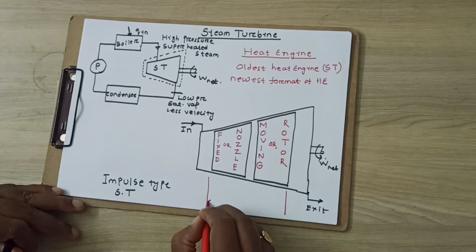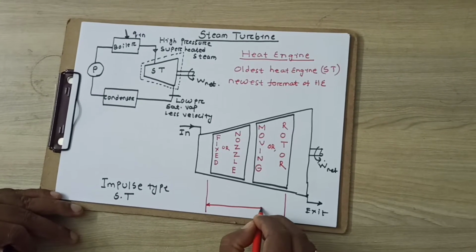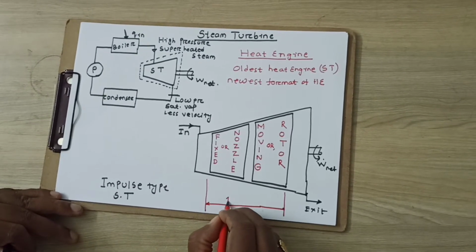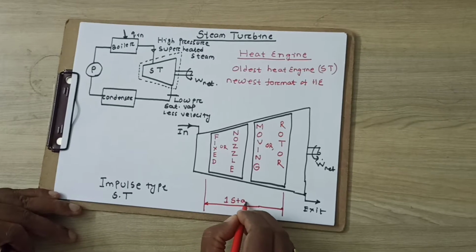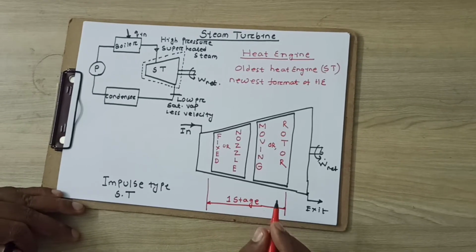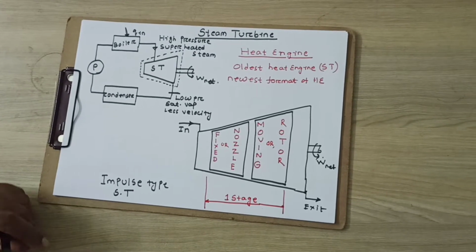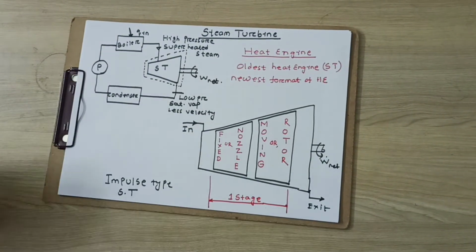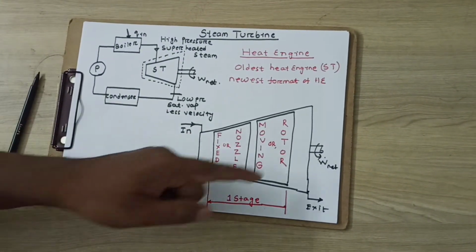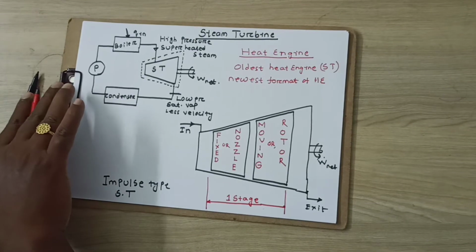So all together this is called a single stage, one stage. A single stage means it comprises one set of nozzle rings and another set of moving blades or rotors.